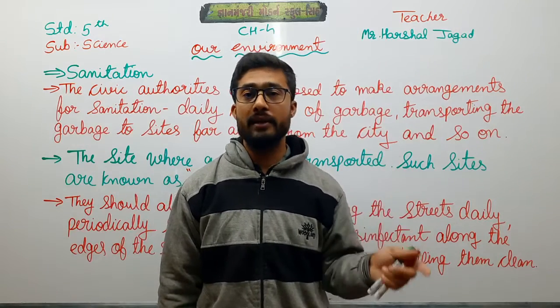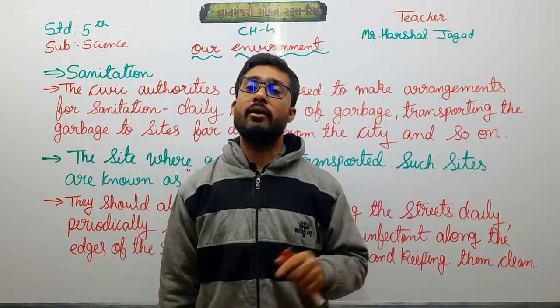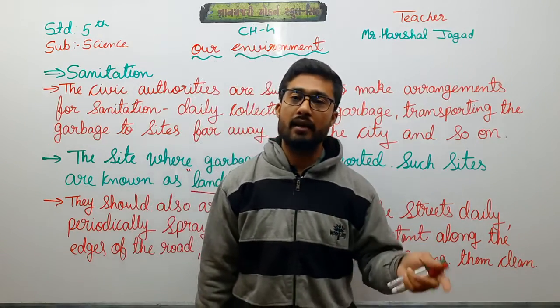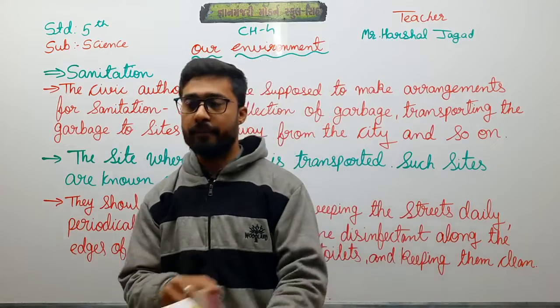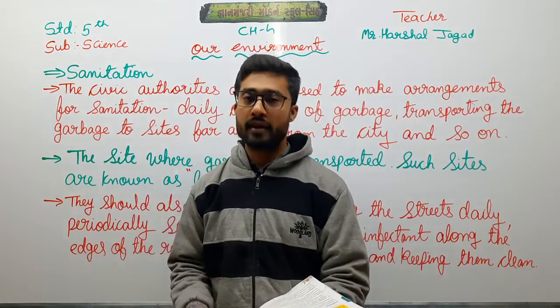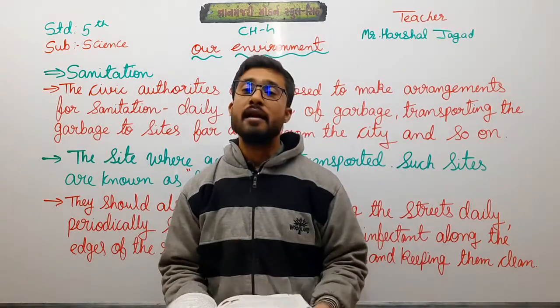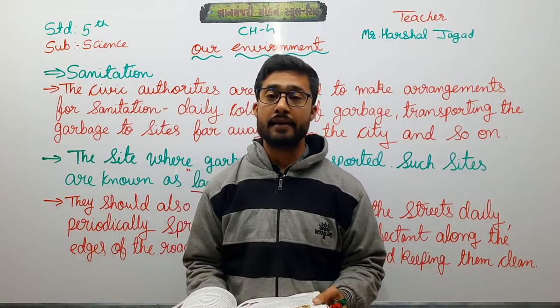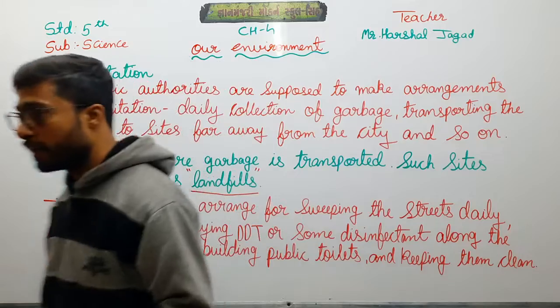Which are degradable, they degrade and convert into manure, and which are non-biodegradable, they recycle or reuse them. Then, moving further, that is biodegradable and non-biodegradable. What is it? Let us see that.